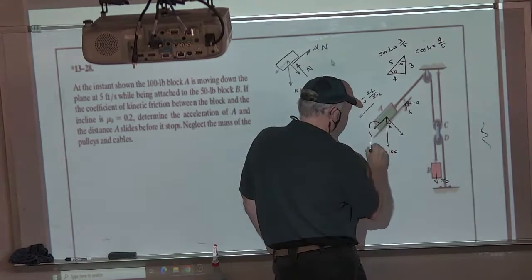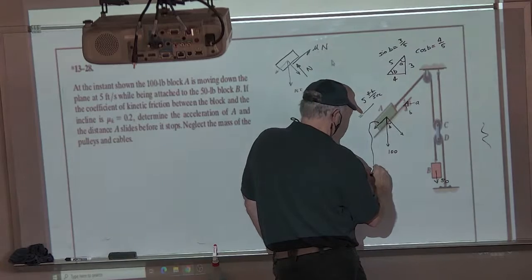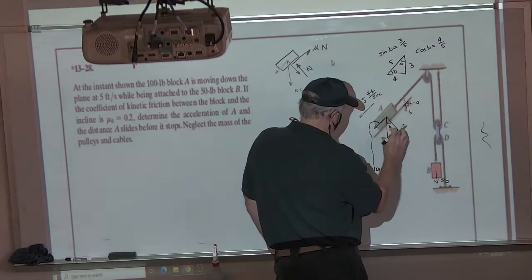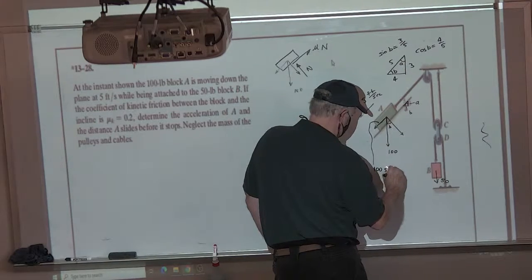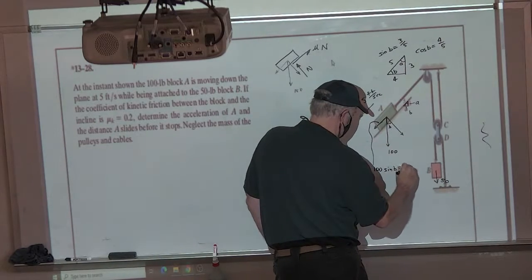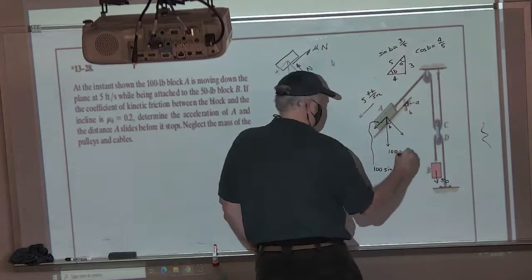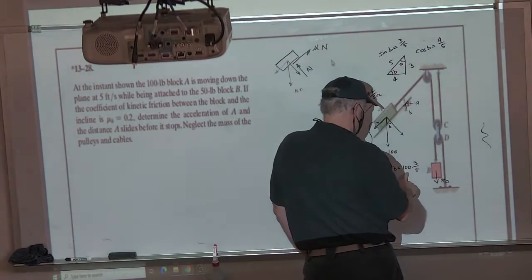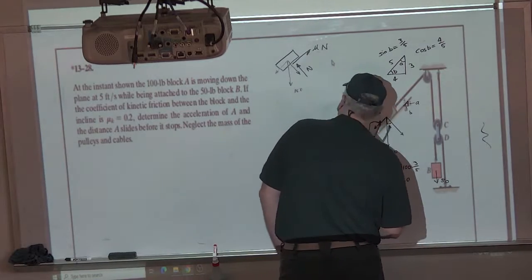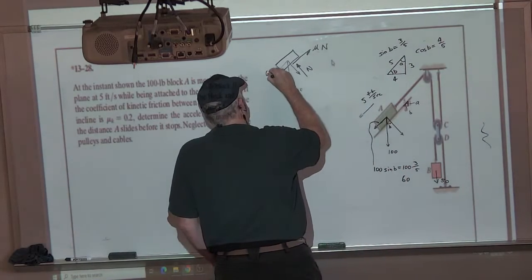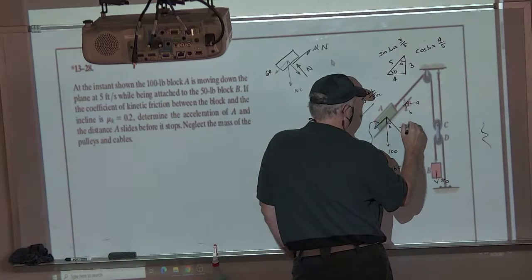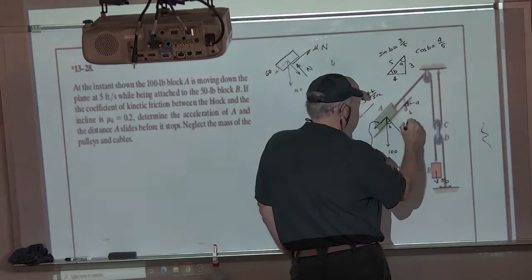So this will be 100, and since it is sitting over here, it would be 100 sine B, or 100 times 3/5, which the 5 will knock that out to 20, that'll give you 60. So it'll be 60 rolling this way. Okay, you want to look at this one.